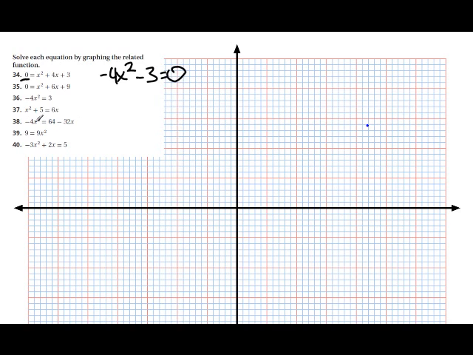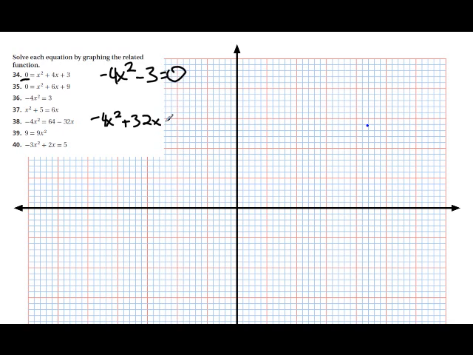So negative 4x squared equals 64, and so on. So we can write this out in a way that looks a little bit better. 4x squared, we move everything else over, so negative 32x will become positive 32x.